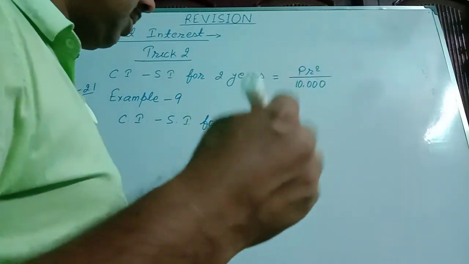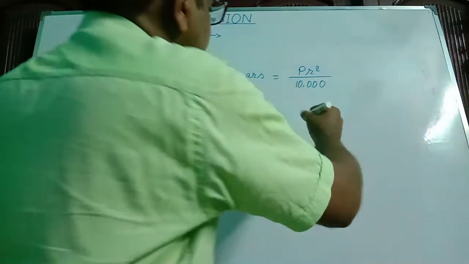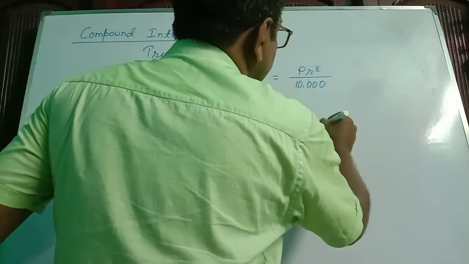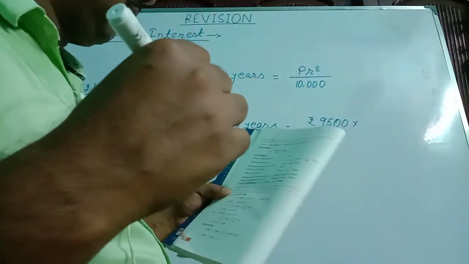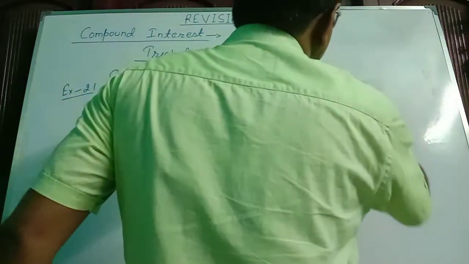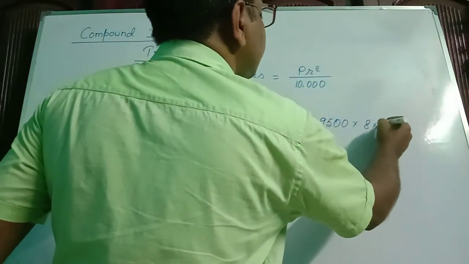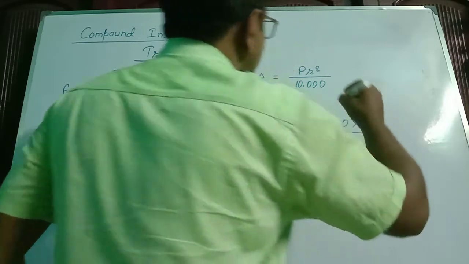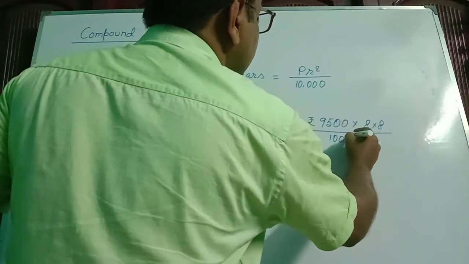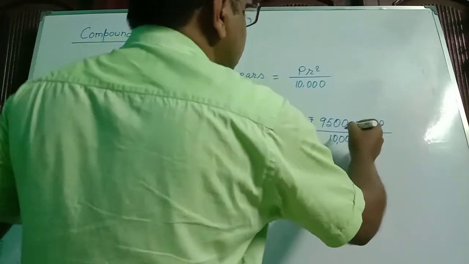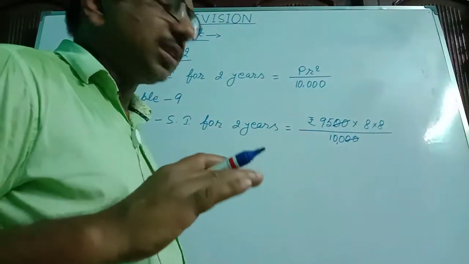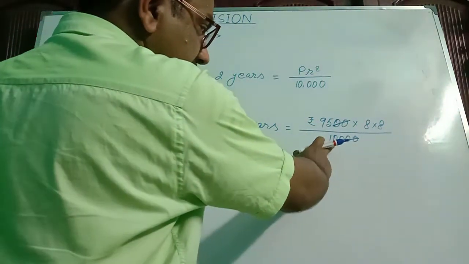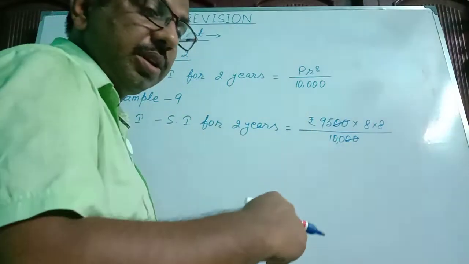Here principal is rupees 9,500. R, rate of interest, is 8%. There is R square, so we write 8 into 8 by 10,000. So we calculate it, 00 and this 00 cancelled. 100 is left. Let it remain 100 as the denominator, because that 100 is very helpful to keep the decimal.